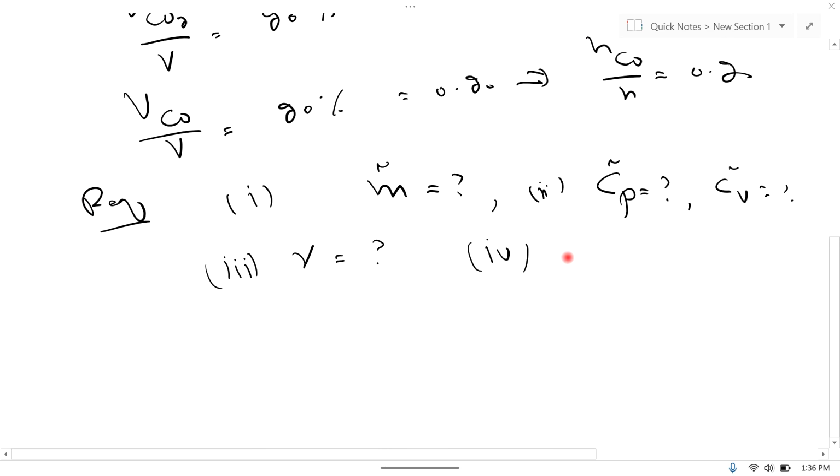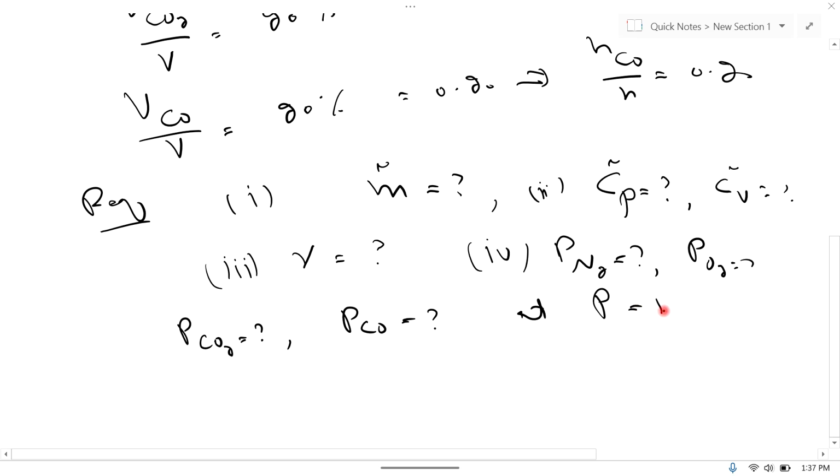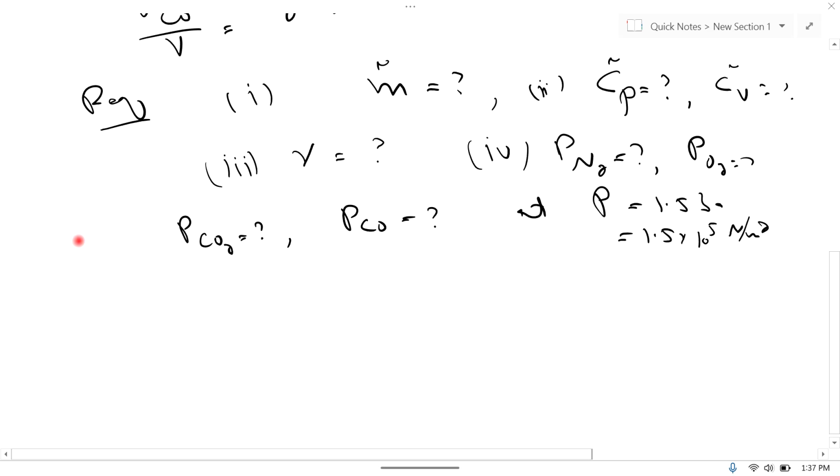Pressure of nitrogen, pressure of oxygen, pressure of CO2 and pressure of CO. The total pressure is equal to 1.5 bar, and 1.5 bar is 1.5 multiplied by 10 power 5 Newton per square meter, which is Pascal.